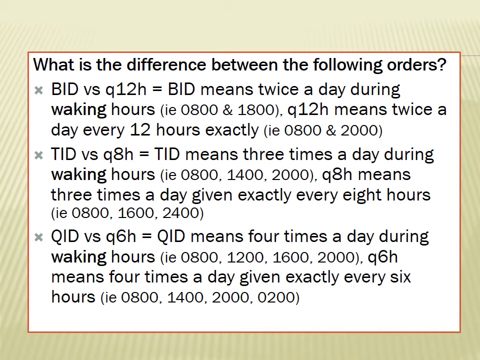This order would mean this medication would be given, for example, at 8 o'clock in the morning, then exactly 6 hours later, so at 1400 hours, 2 o'clock in the afternoon, then again exactly 6 hours later at 8 o'clock in the evening, and exactly 6 hours after that, which would be at 2 o'clock in the morning.